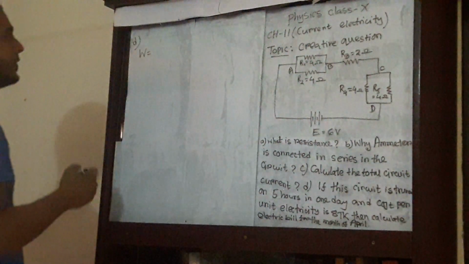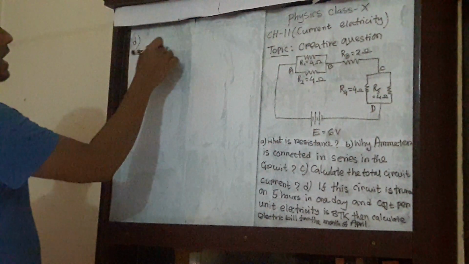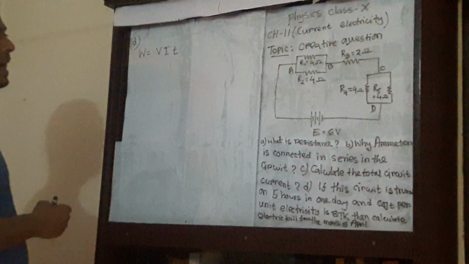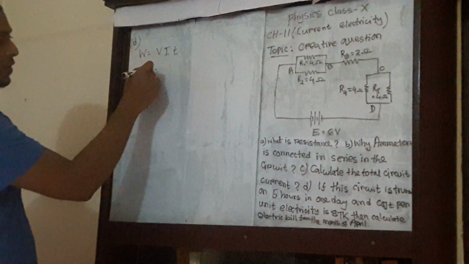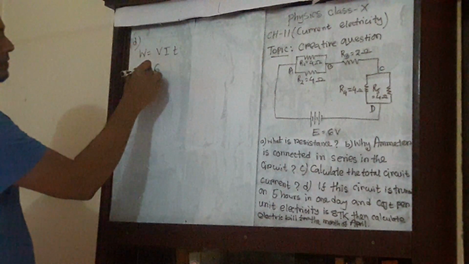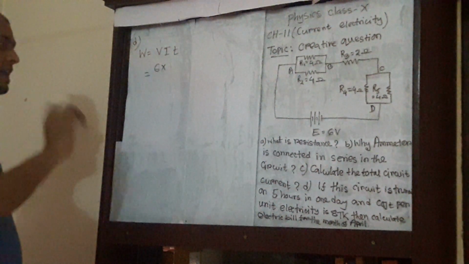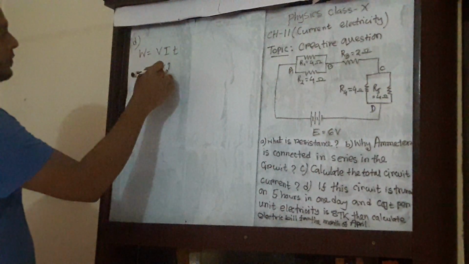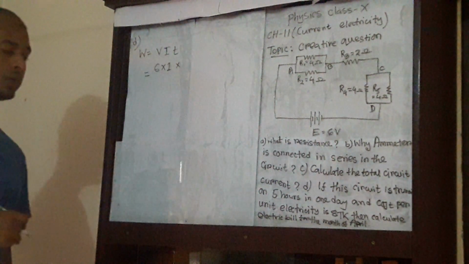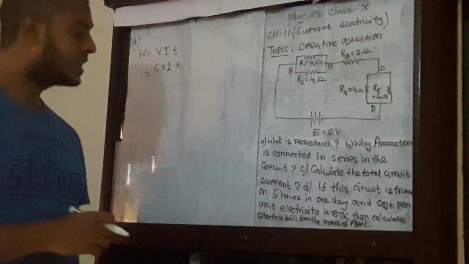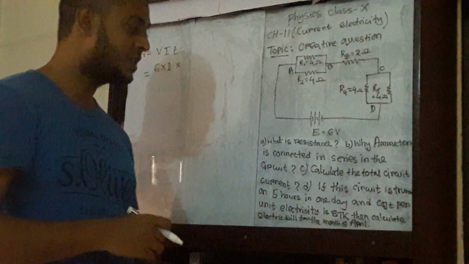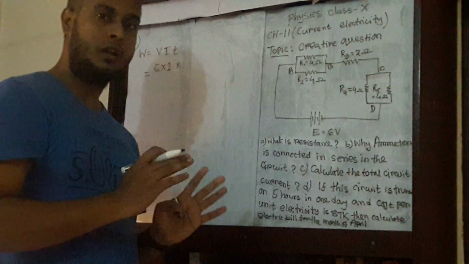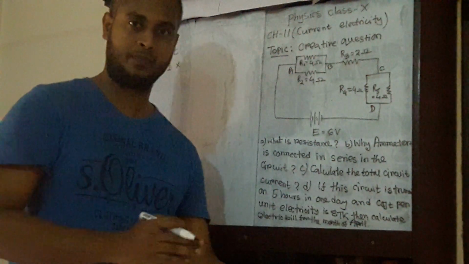That's why the formula of electric work done is VIT. Voltage, or electromotive force E, is 6 volt, into total current, 1 ampere, into time. I need to convert the whole time into hours. This circuit is turned on 5 hours in one day, and I need to calculate the bill for the month of April, that is 30 days.